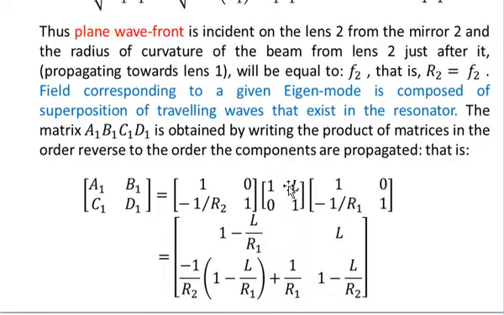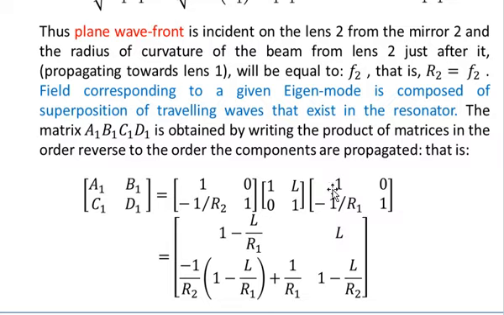That is 1, L, 0, 1. This is the matrix for the free space propagation covering a geometric distance equal to L. And then the light will pass through the lens 2. And then we have the matrix for the lens 2, which is 1, 0, minus 1 over R2 and 1. So the matrix of the lens 1, then the matrix for the free space propagation, then the matrix of the lens 2.